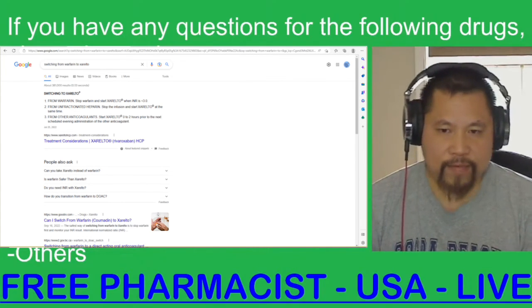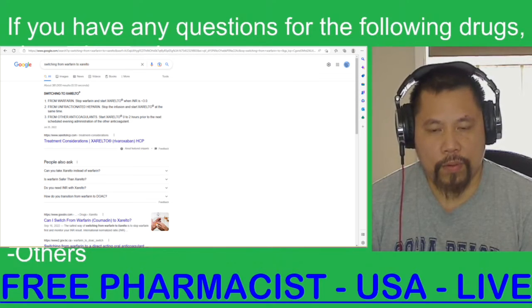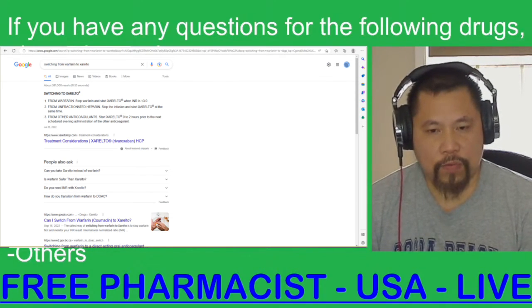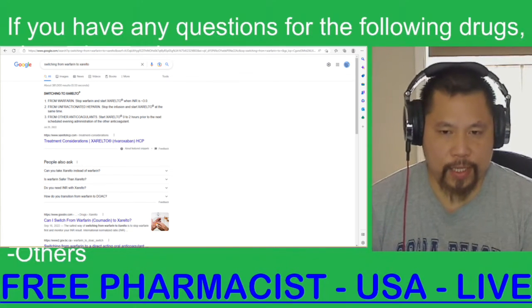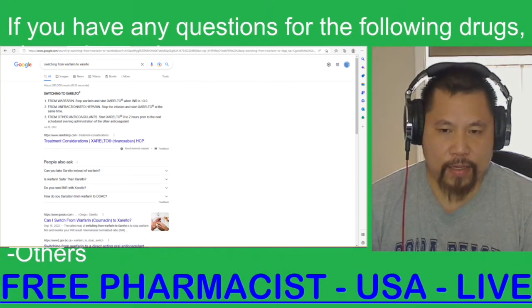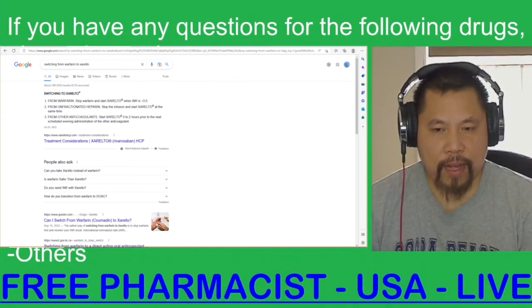If it's 3.6 or above, like 4, then stop the warfarin for 2 to 3 days. But if it's more than 4, then I will have to hold the dose and have the patient come back in 1 week and retest the INR and go from there.